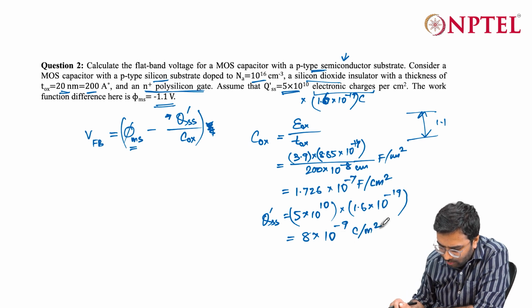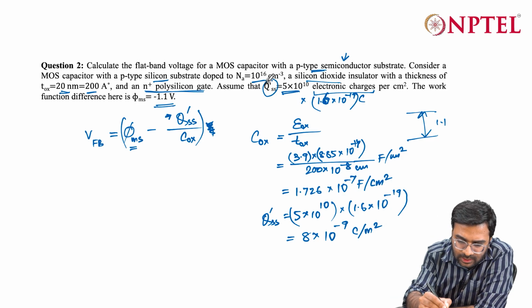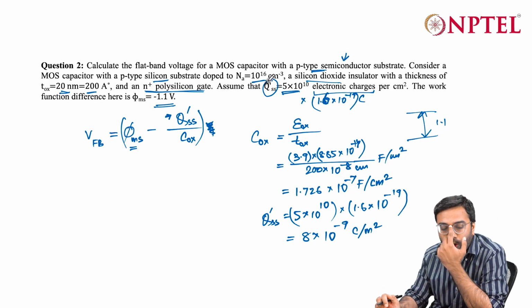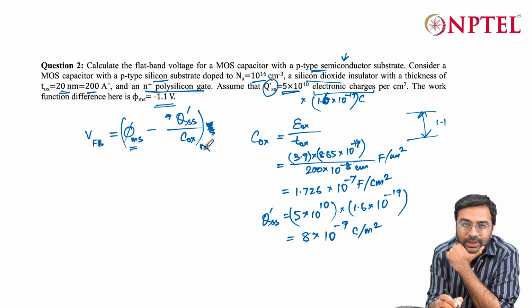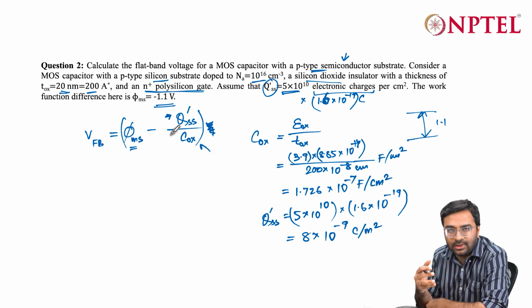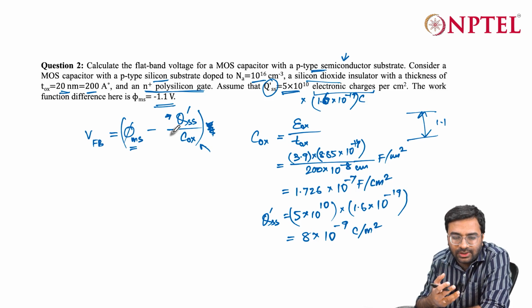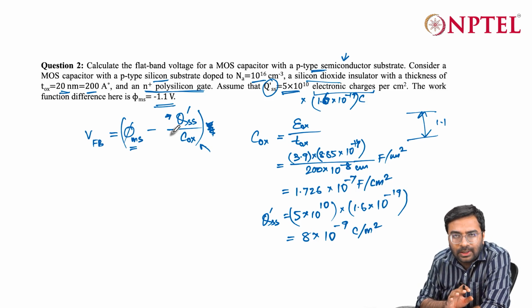Now, this QSS dash is basically the equivalent oxide charge density. So, this is nothing but equivalent oxide charge density. We also have discussed this in the theory. Maybe the notation that we are using here is different from what we have used in the lecture, but the equation is similar.